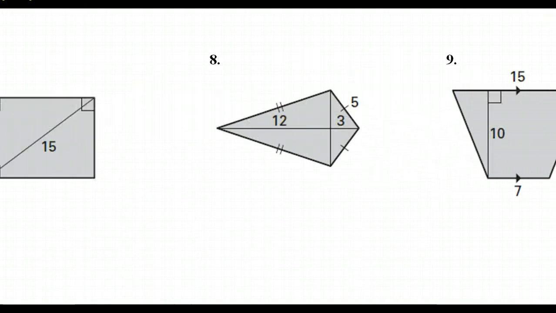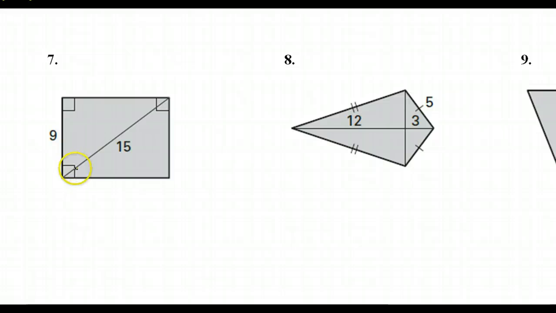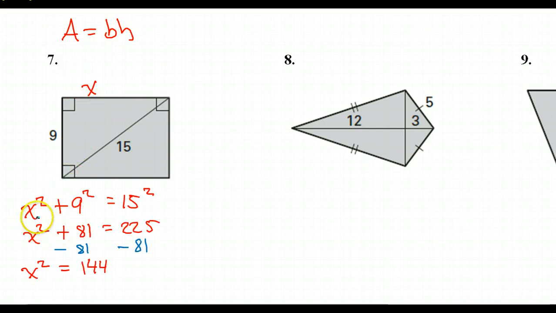What is next? Okay, number 7 is practically the same thing. I know that the area is going to be base times height, but I don't know the base, so I need to do the Pythagorean theorem. So if I do that, I did a squared plus b squared equals c squared, x squared plus 9 squared equals 15 squared. That made 81, 225. I subtracted 81 from both sides. I got 144.